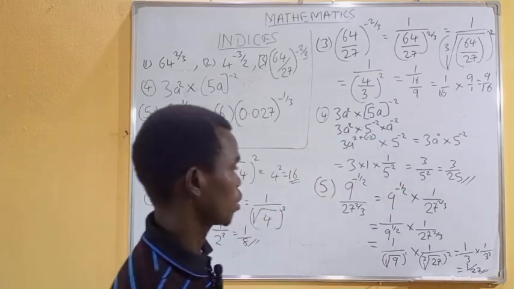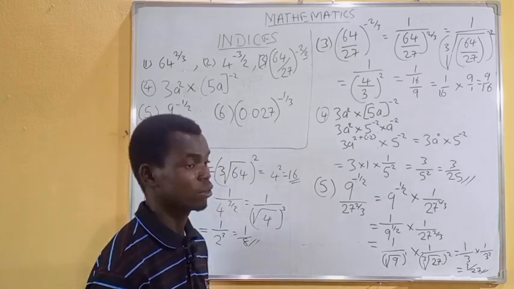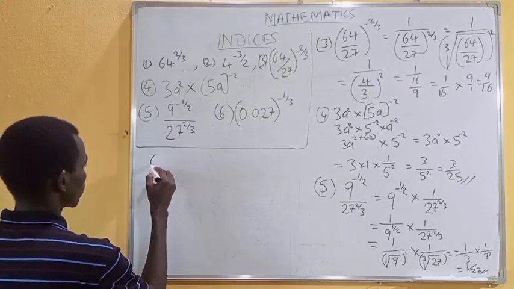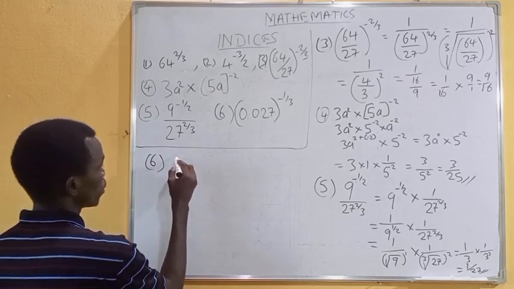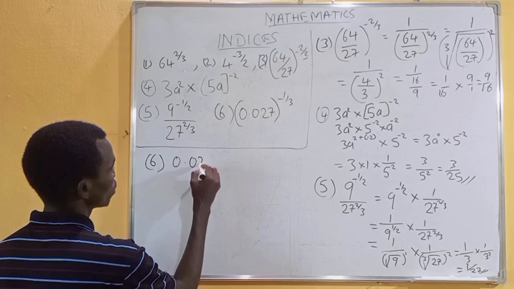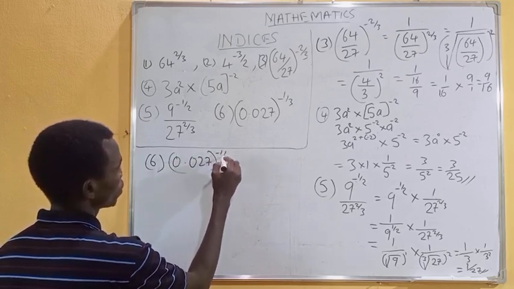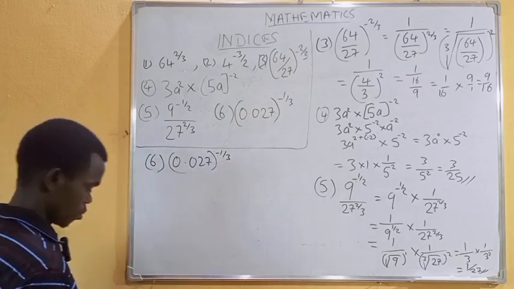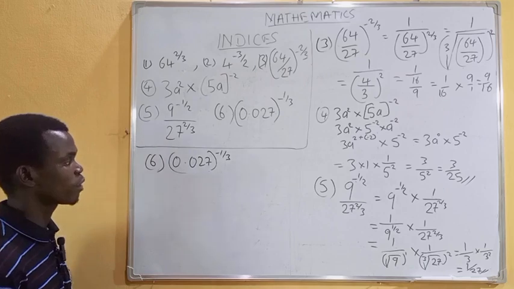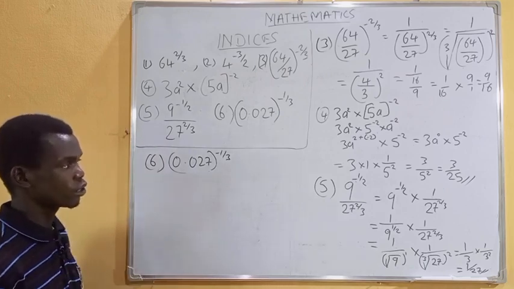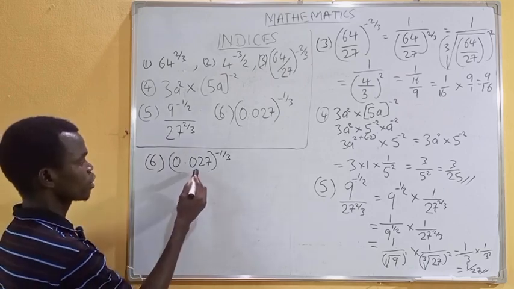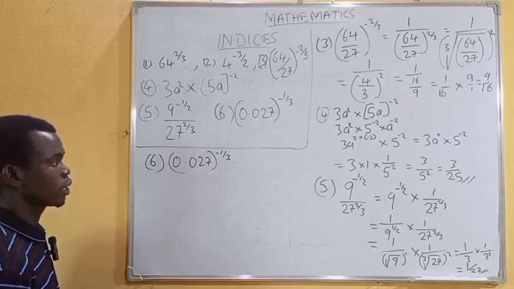That is our answer for question 5. So, question 6. We have 0.027 all raised to the power minus 1 over 3. From this question, for us to find the answer to these indices, we have to convert this base to a fraction.